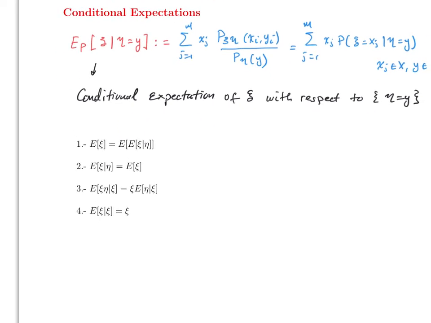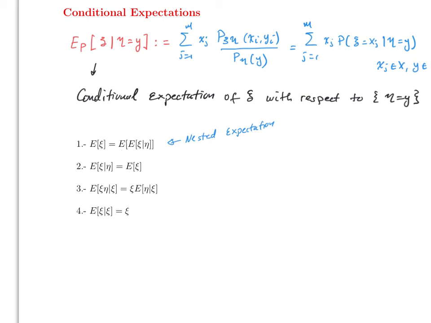The first one is the nested expectations. What that means is that the expected value of K, this is not a conditional expected value, is equal to the expected value of the conditional expected value. This property is going to be used multiple times.